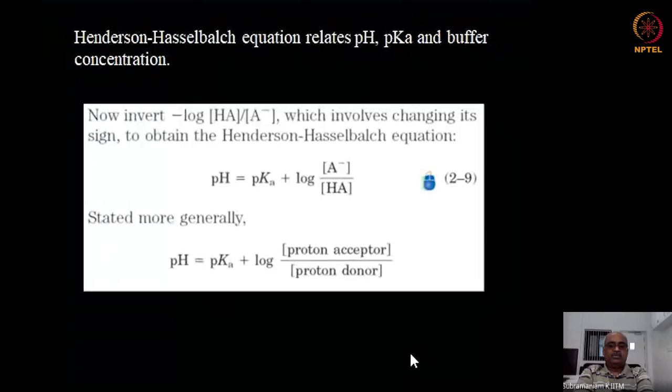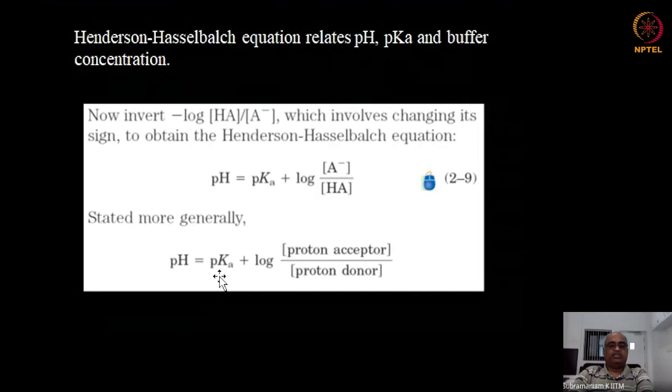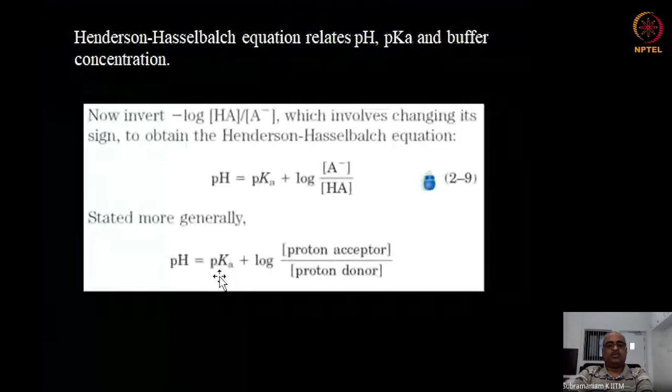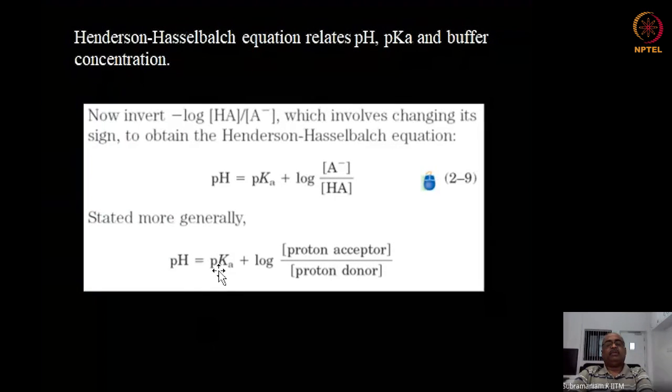And also, given the type of reaction you want to do, what is the pH range in which you want buffer action? And if you know the pH range in which you want a buffer, then if you know the pKa value of many different conjugate acid base pairs, you can choose the right one where the pKa will be near the range you want.